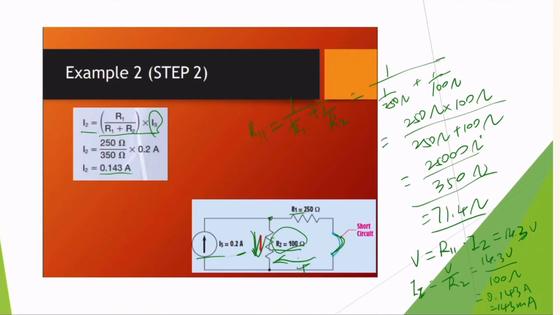So that's how we use Ohm's law to solve the current here. We get the total resistance, then after that we get the voltage, then we use Ohm's law again. I equals V divided by R. So 14.3 volts divided by 100 ohms. That will give us the current.